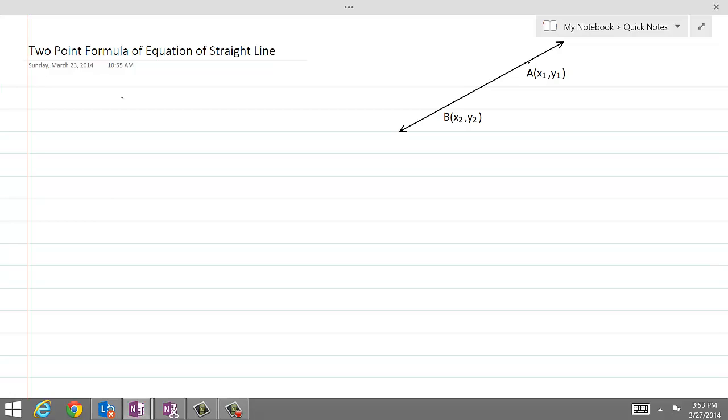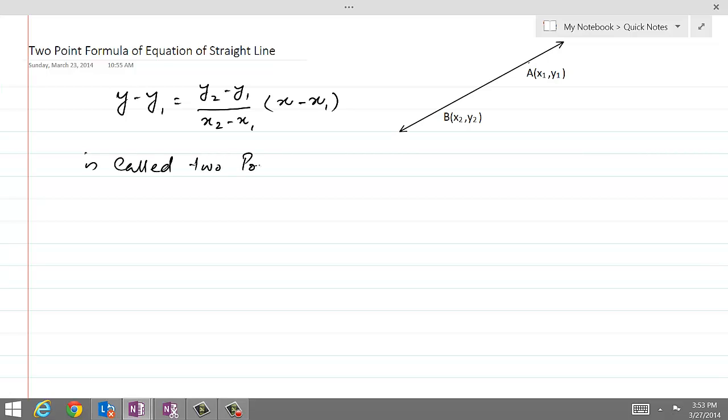This equation, y minus y1 equal to y2 minus y1 over x2 minus x1 into x minus x1, is called the two-point formula for the equation of a straight line.